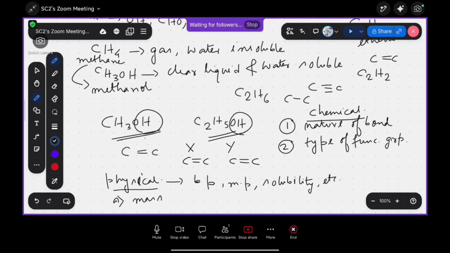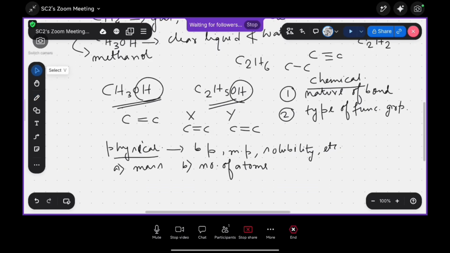It may not vary very widely, it may not have a very high difference, but they will be different. And next, they also depend on the number of atoms present. These two are related. If the number of atoms are different, obviously the mass will be different. So if mass is different, the physical properties will be different.